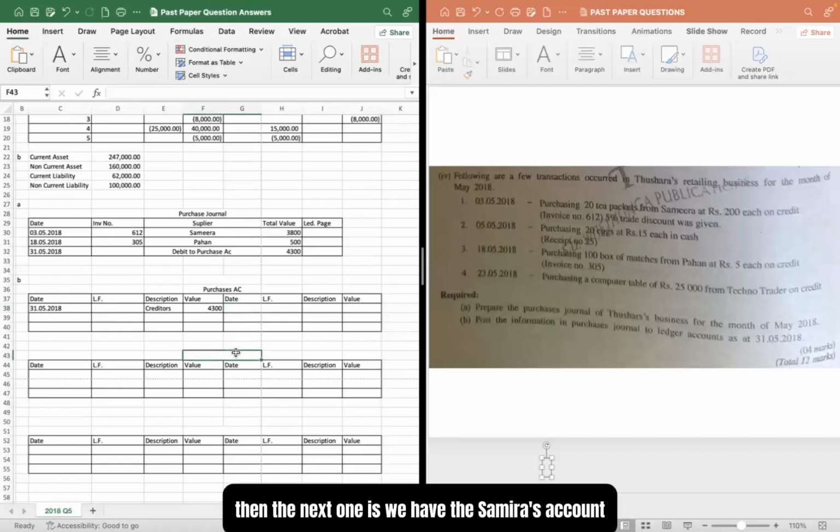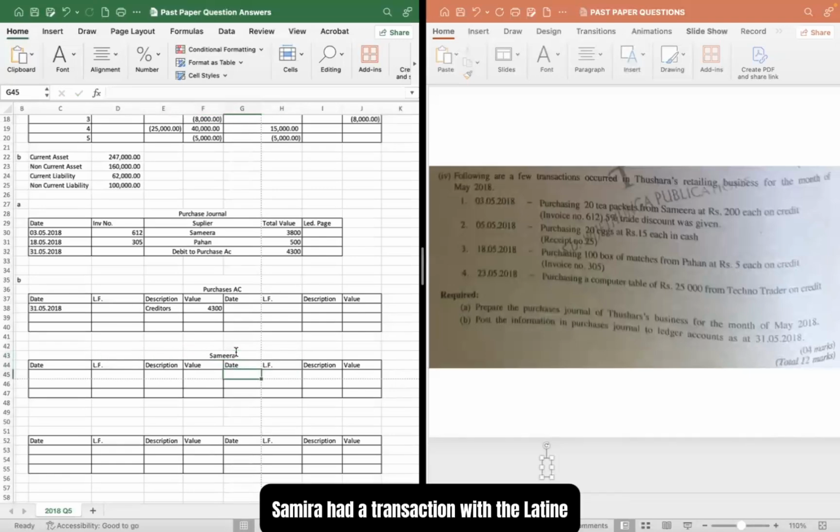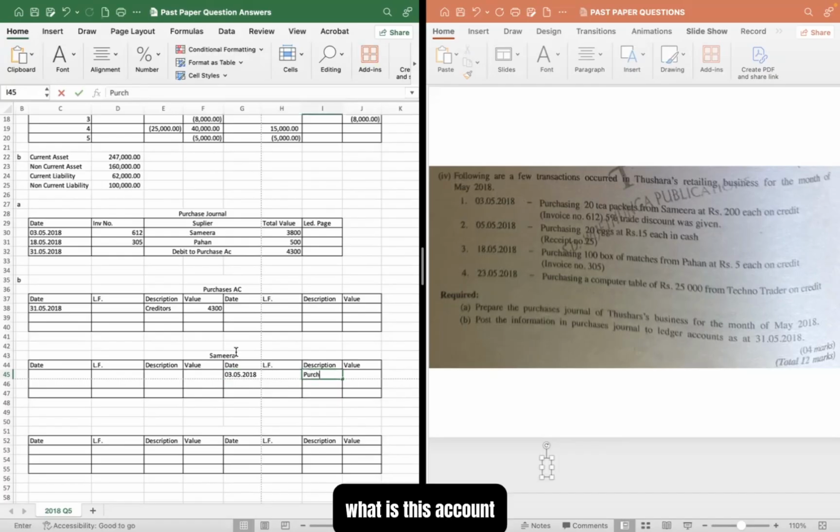Then the next one is we have Samira's account, who is a creditor. The transaction with Samira happened on 3rd May 2018. Purchases account, that is the account we are debiting.